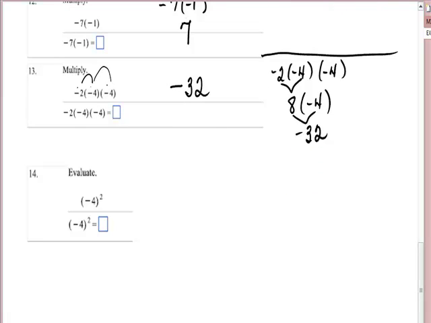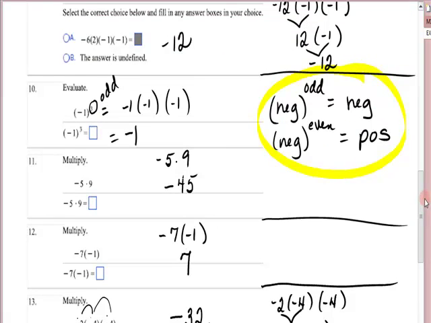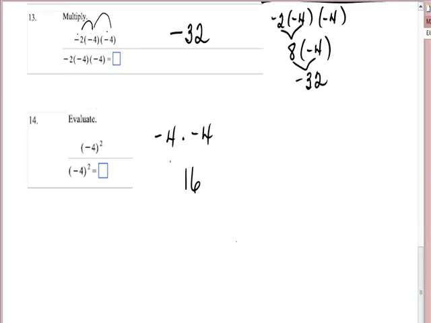I think we're to our last problem, and this is a base to a power. I have a negative base, but I'm raising it to an even power. This is negative 4 times negative 4. I have a negative times a negative. I'm going to get a positive 16. But I could have also used the rule that says a negative base to an even power is going to give me a positive.